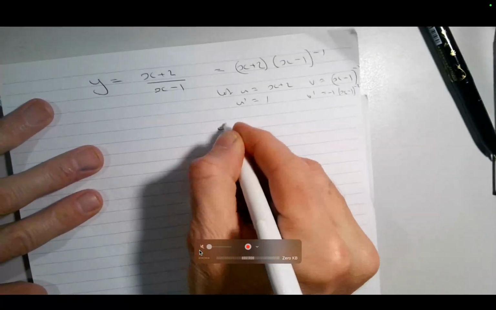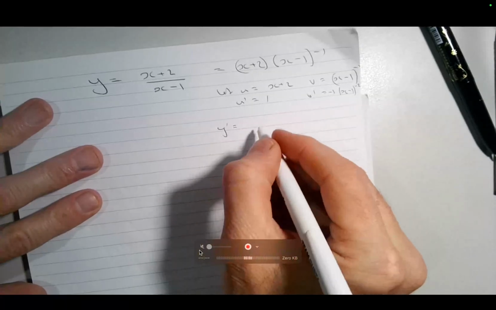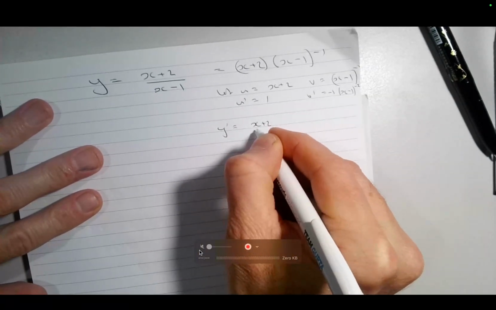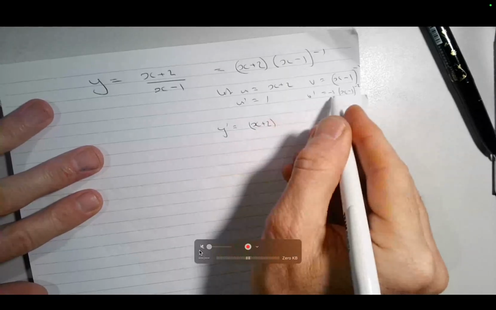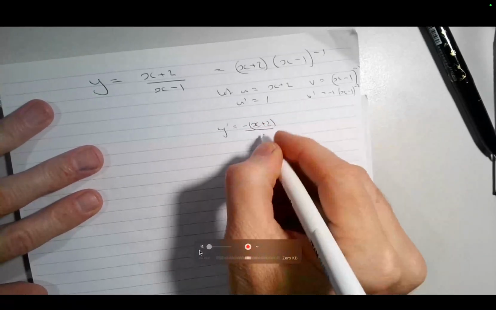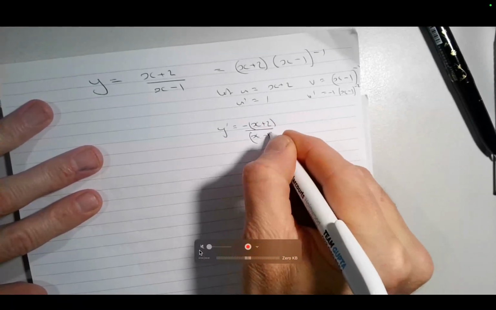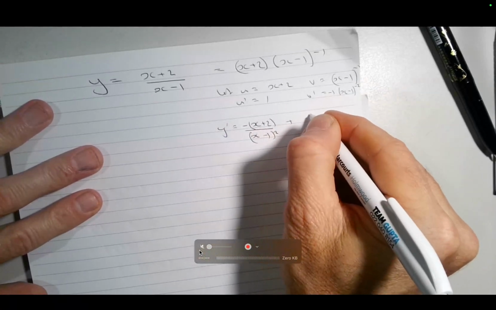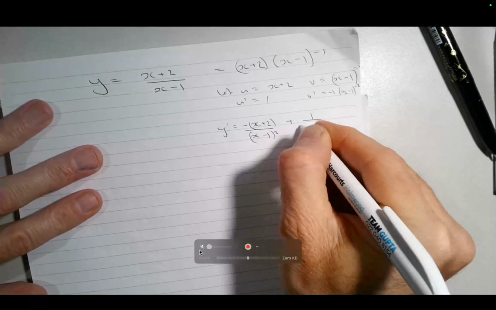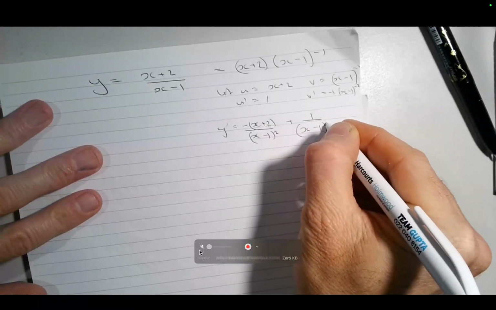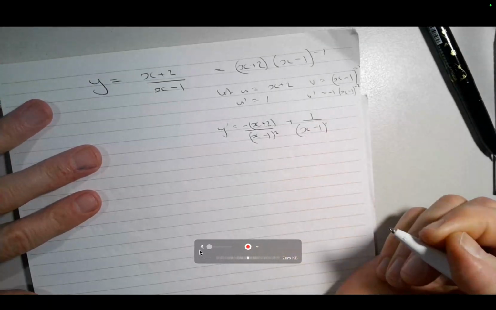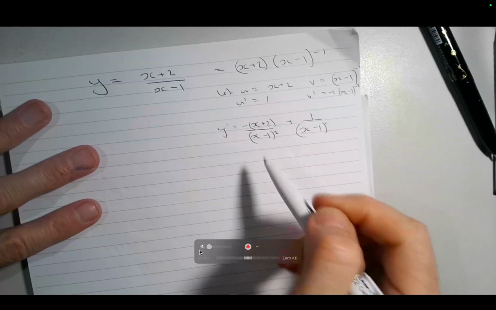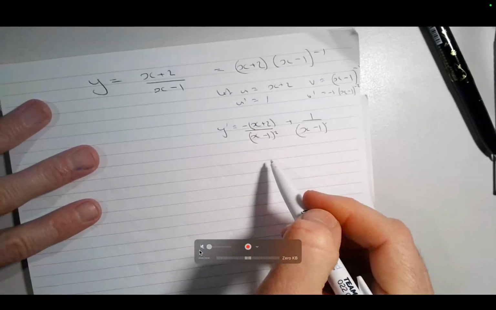So you've got y dash equals x plus 2 times negative 1 over x minus 1 squared, plus 1 over x minus 1. That's right. So there's the product rule, and you could do some simplifications there and so forth.